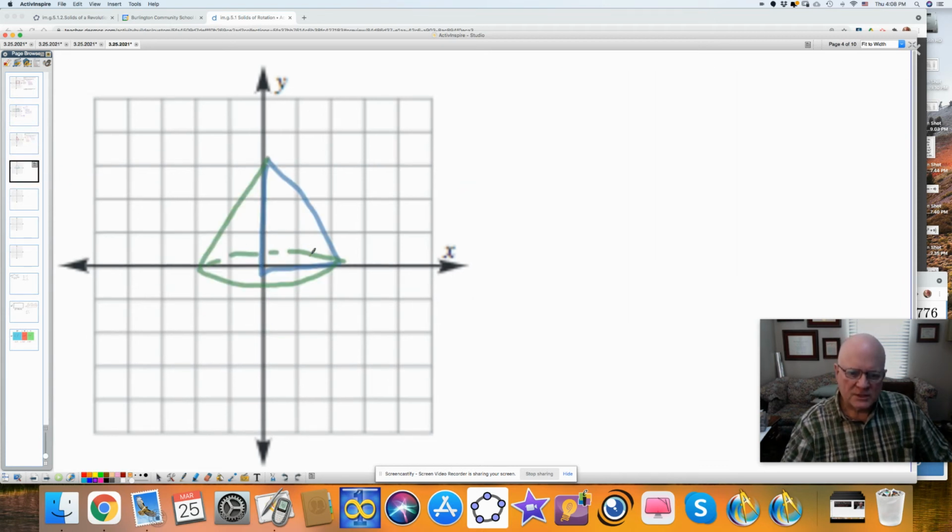When we rotate this same triangle around the y-axis, again, I have 2 and I have 3. Volume is equal to 1/3 times pi r squared h. So I substitute the values, 1/3 times pi times the radius, which here is 2. This is 2 squared times 3, and I get 4 pi.